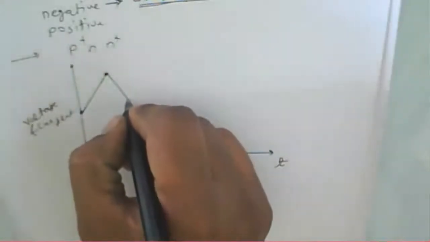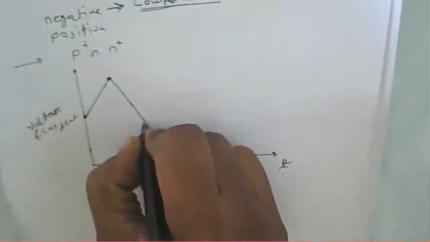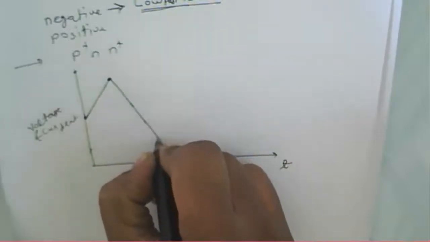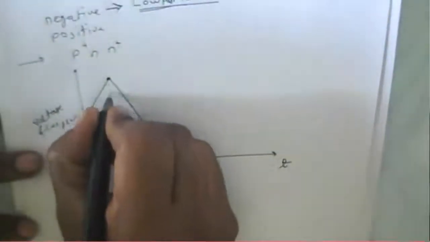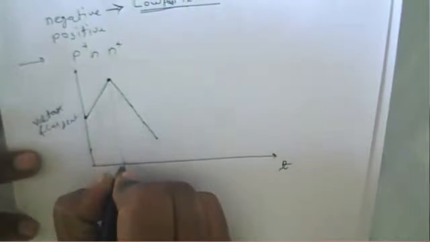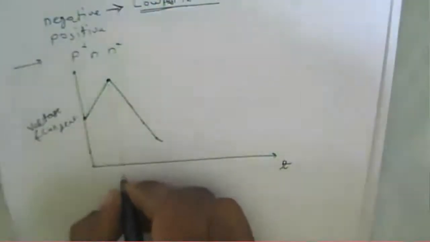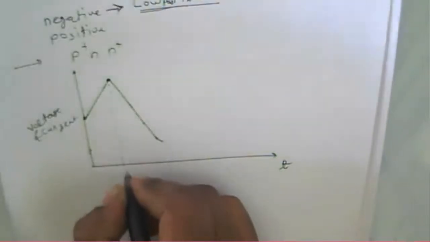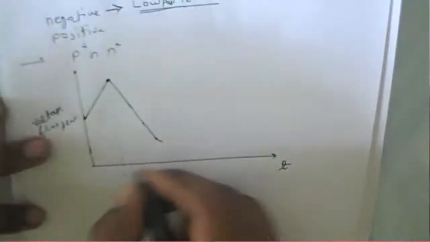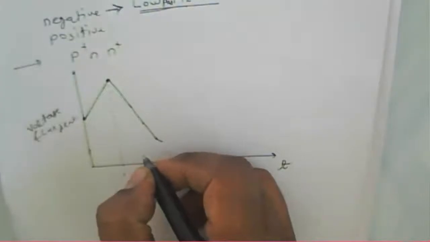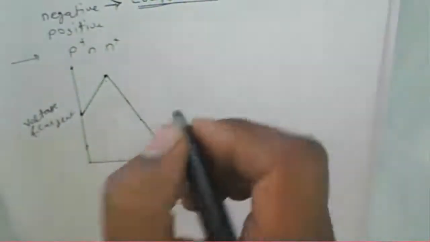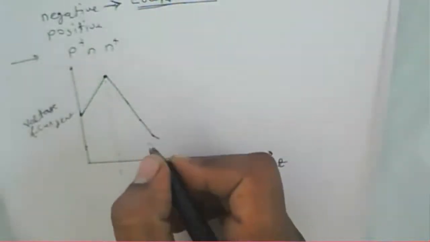Again, when we further increase the voltage, it will start decreasing again. That voltage and current start decreasing in this interval, and further we apply the field.